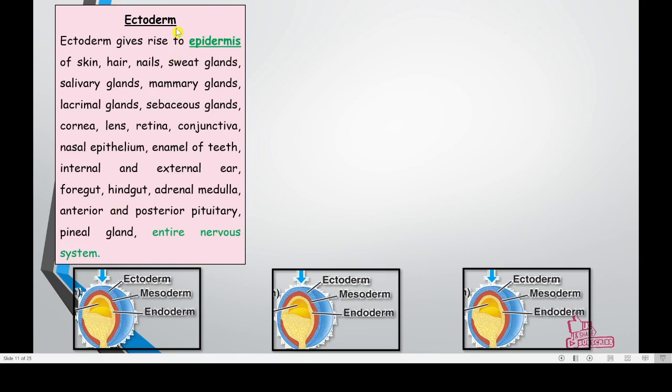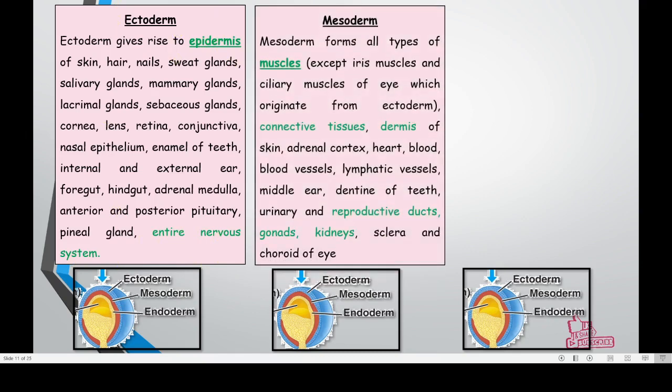Now let us see what mesoderm contributes. So mesoderm forms all types of muscles. Mesoderm's work is to develop muscles in the baby, except iris muscles and ciliary muscles of the eye, because these are given by the ectoderm. Except these, all the muscles are given by mesoderm. Connective tissues are also given by the mesoderm.